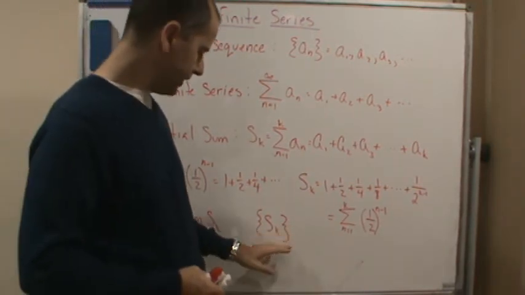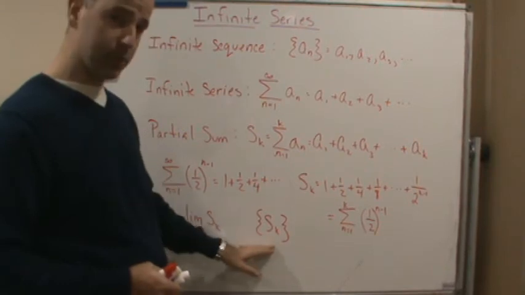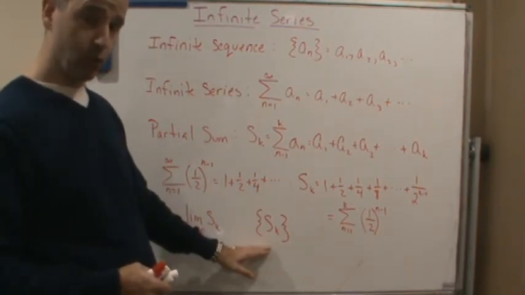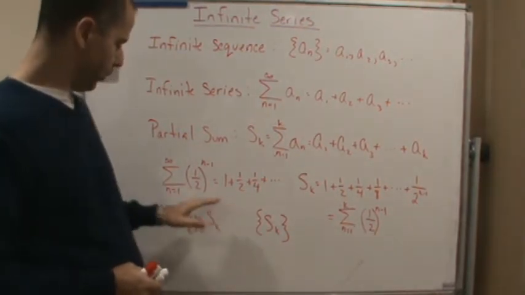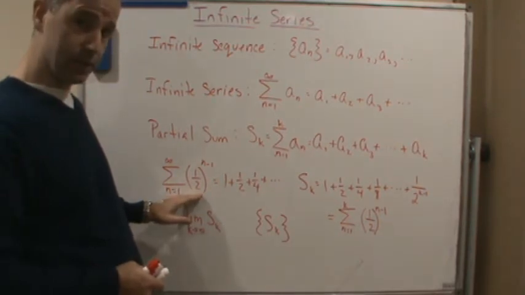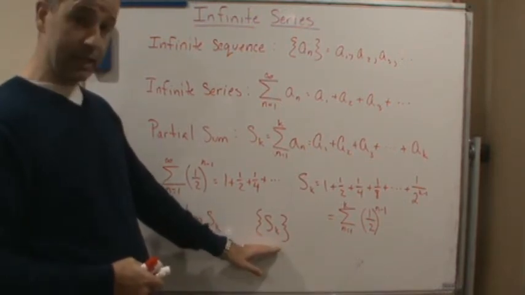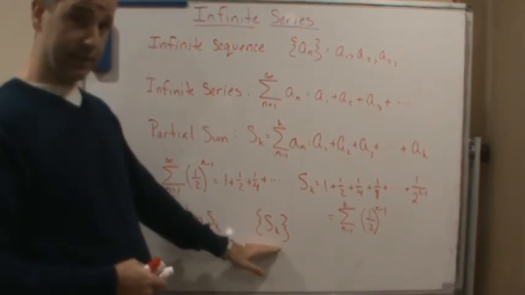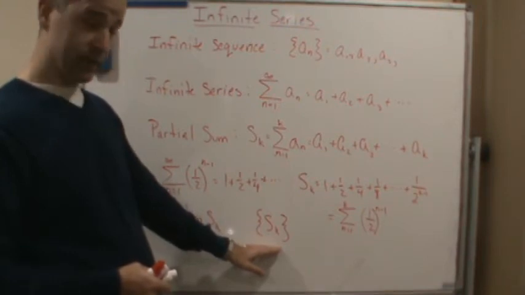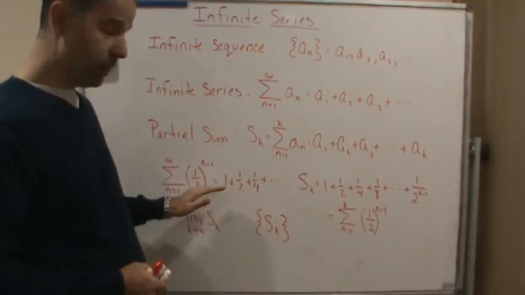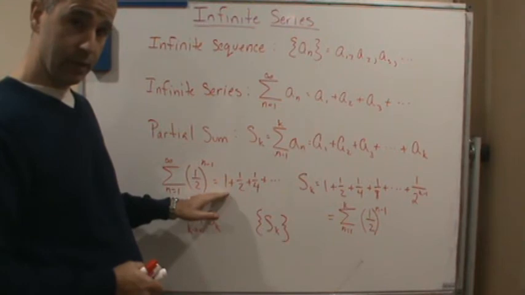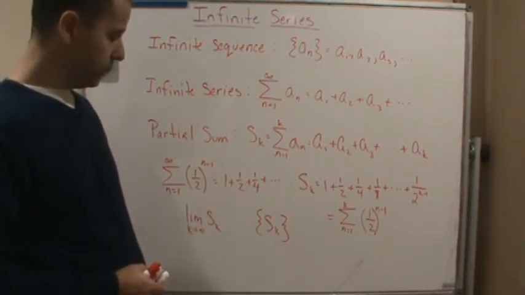Because then we can say, if these partial sums are converging to a number, then we know the infinite series is converging to that number. If the infinite sequence of partial sums is divergent, then we know that the infinite series is also divergent.